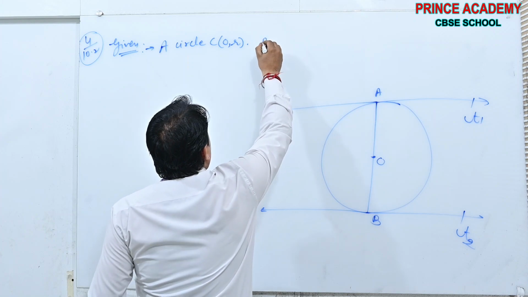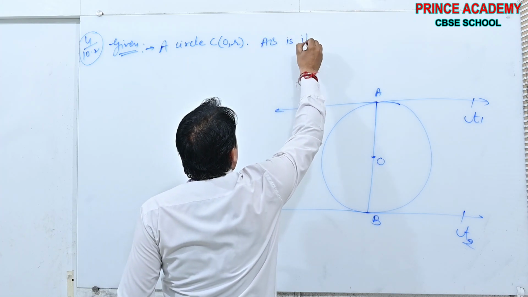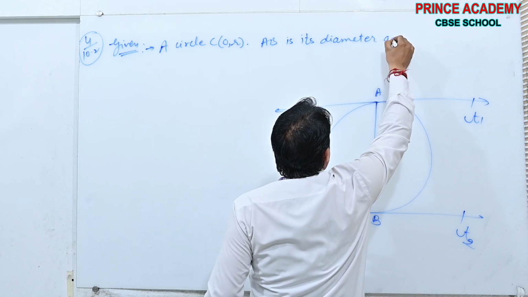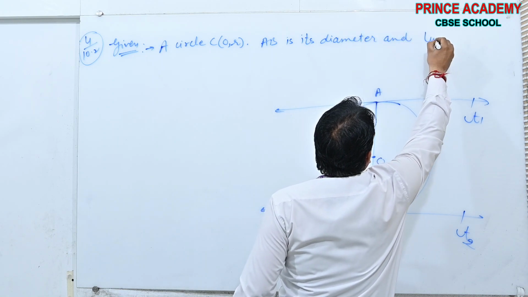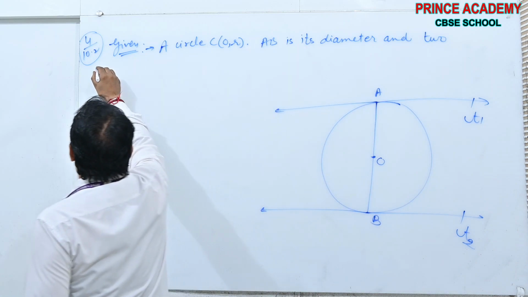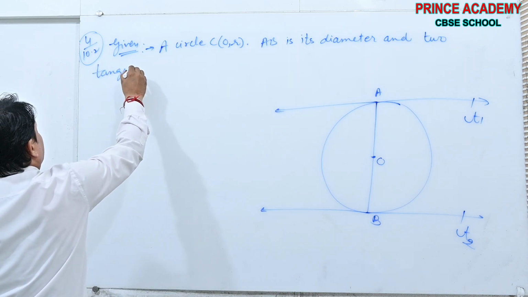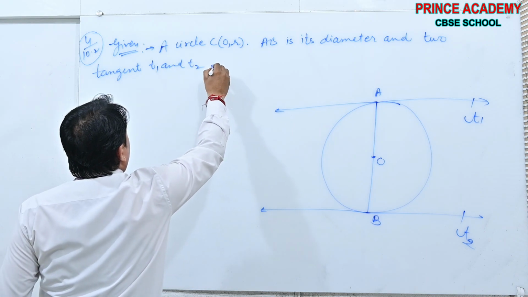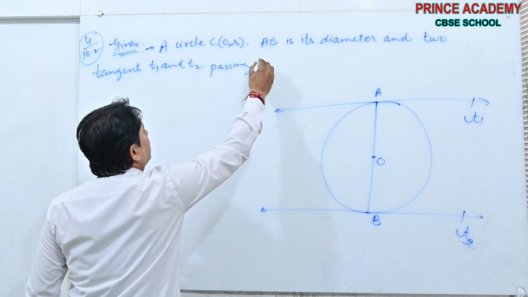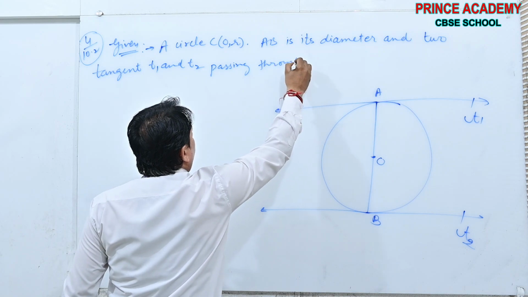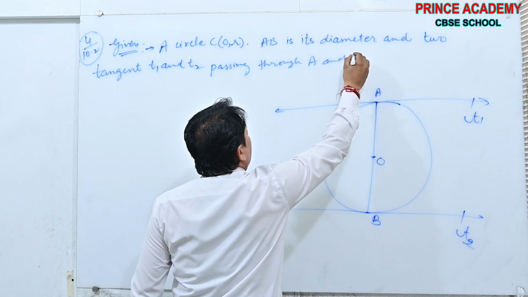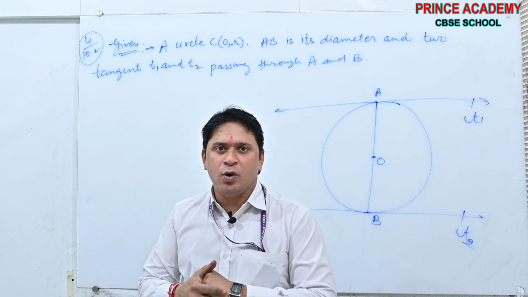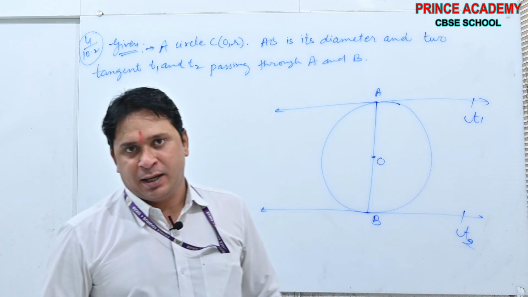AB is its diameter, and two tangents T1 and T2 passing through A and B. Done?